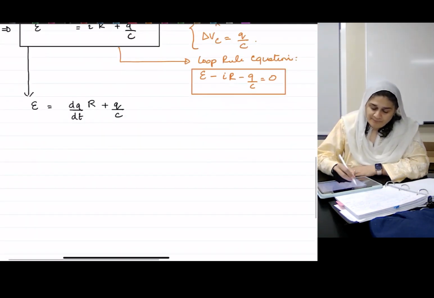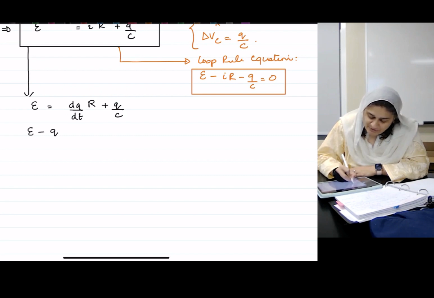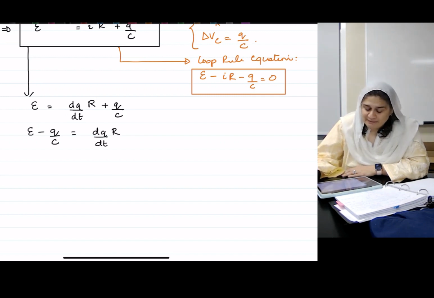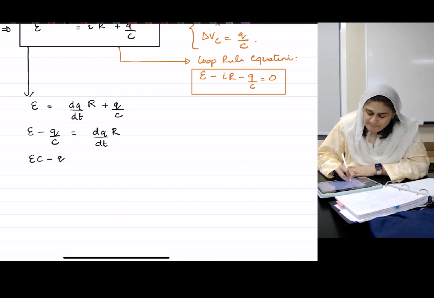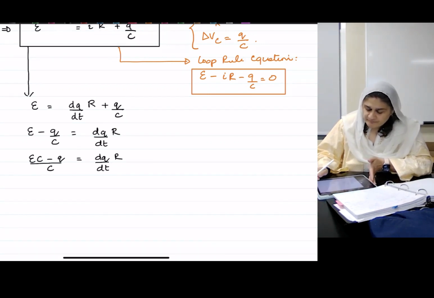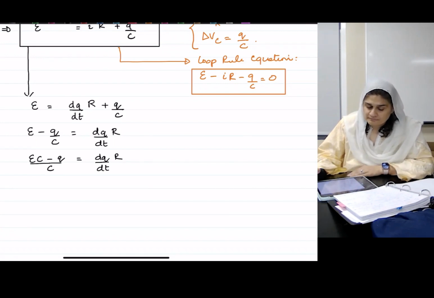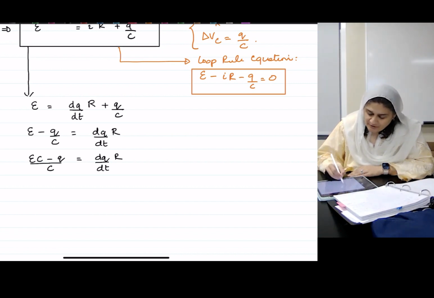Or E minus Q over C equals dq over dt R. I'm going to do a little bit of rearranging. Or if I move this R from here to here, this implies, this implies.